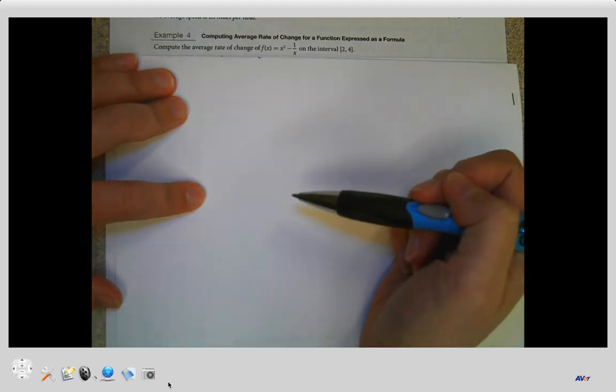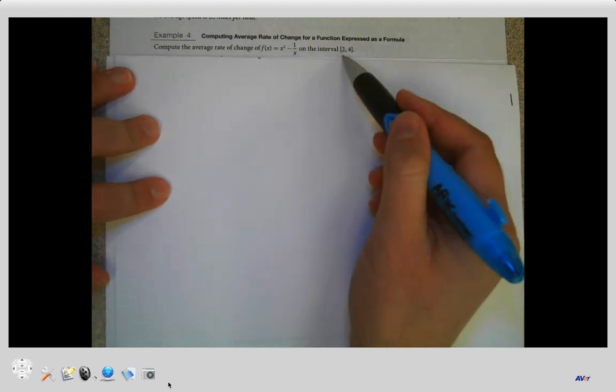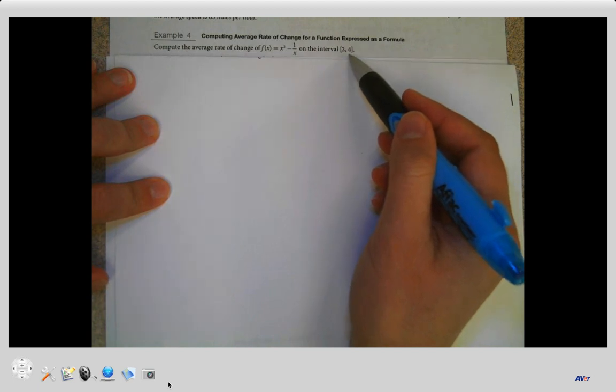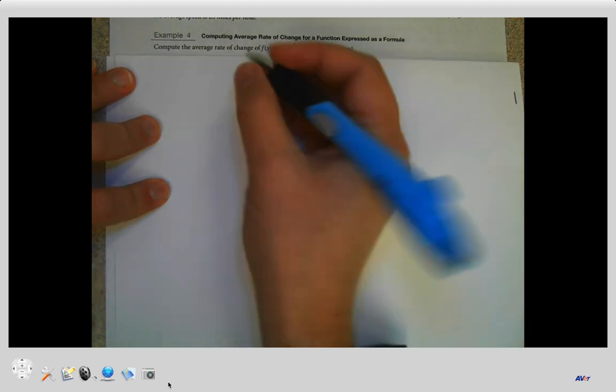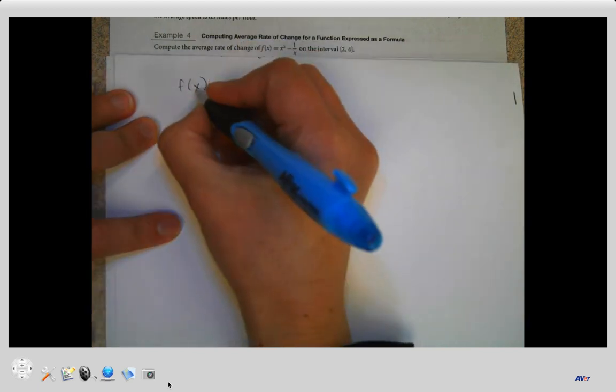Here we're going to have to find what our y values are. They tell us our x values: x1 is going to be 2 and x2 is going to be 4. How are we going to find the y values corresponding to those? Well, we plug them into the function. We're going to have to do a little bit more work than if we have a graph or a table. We're going to have to find f of 2.